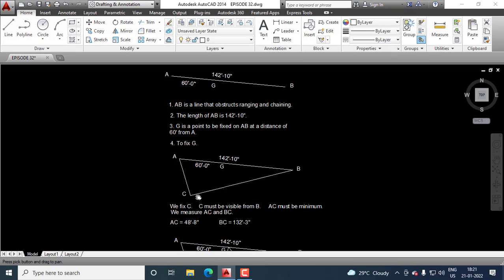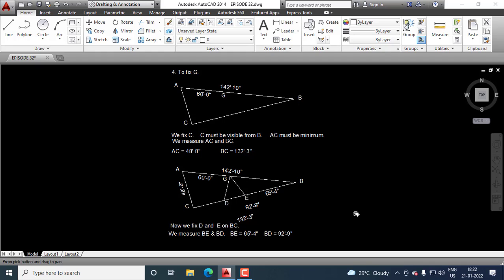We fix a new point C here. AC must be as short as possible and B must be visible from C. These two conditions are to be met. After meeting these two conditions, we measure AC, and AC is 48 feet 8 inches and BC is 132 feet 3 inches.